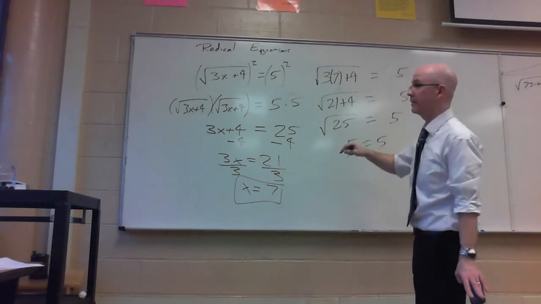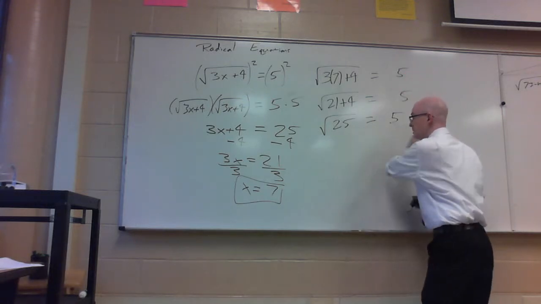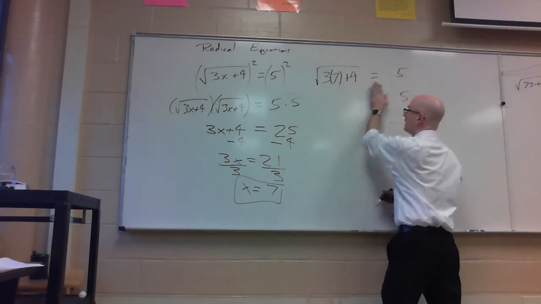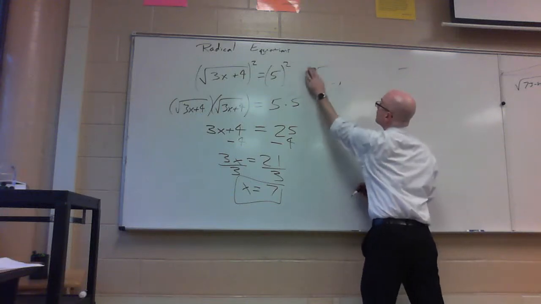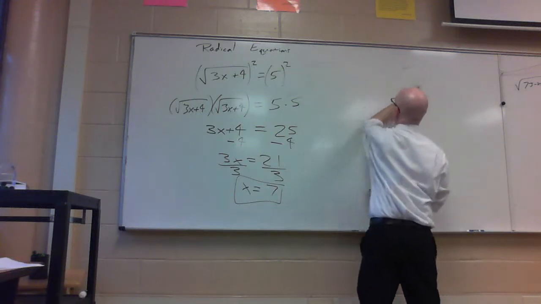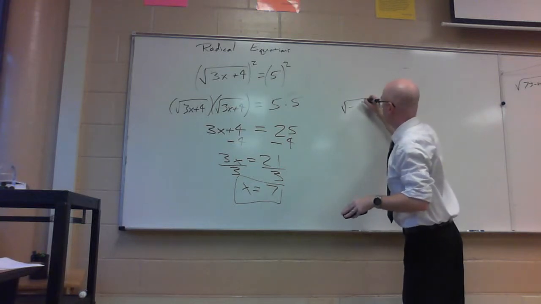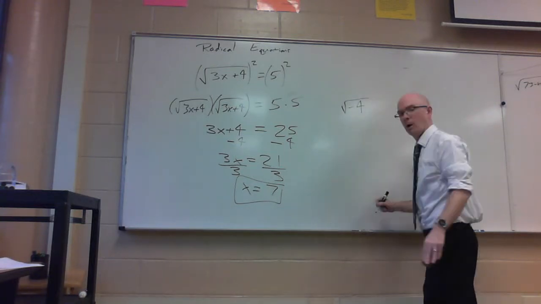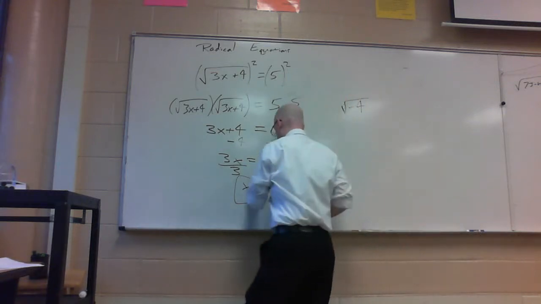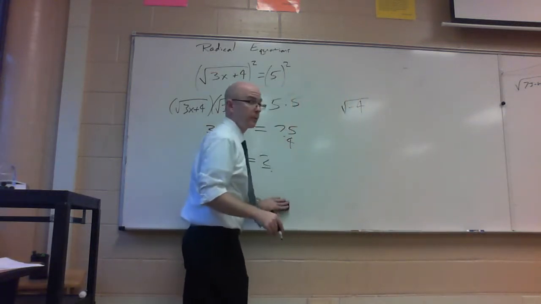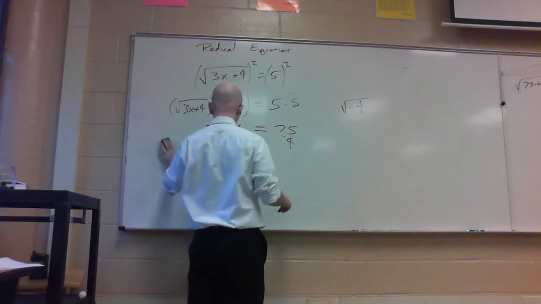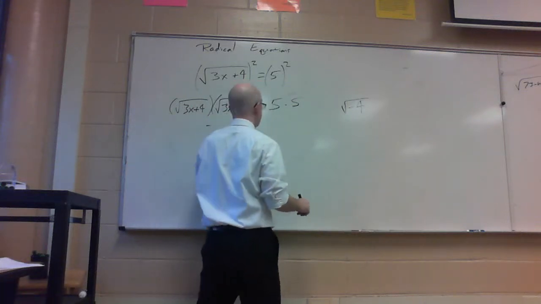What could be weird is this. Can you have the square root of a negative number, like the square root of negative 4? If you are dealing with real numbers, which for right now we are, no, you cannot do that.